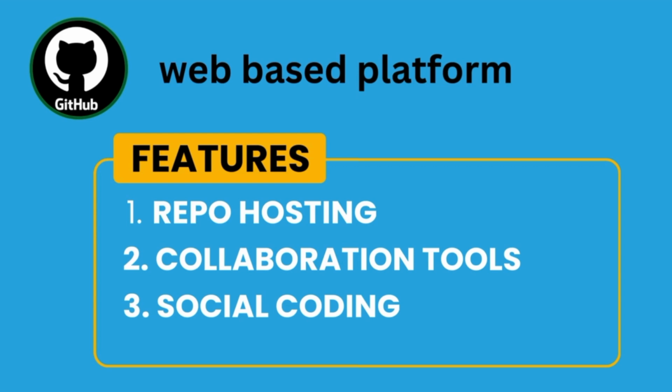Its features include repository hosting, collaboration tools, and social coding. Repository hosting means this stores all your projects in structured folders. It is a place where you and your team can access and manage your code.